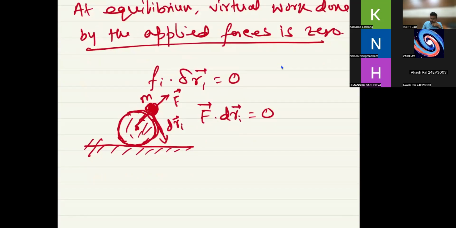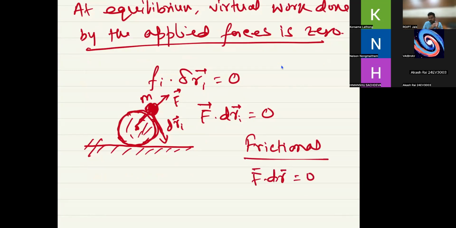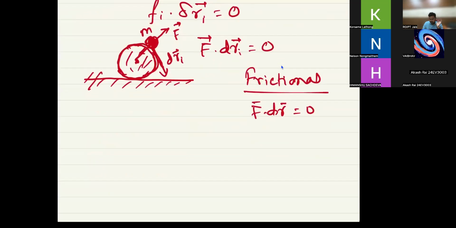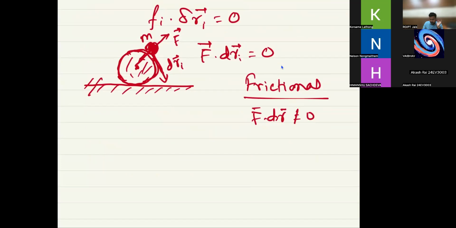If you have, let's say, a frictional force, will F dot dr be zero or not? It will not be zero, right?